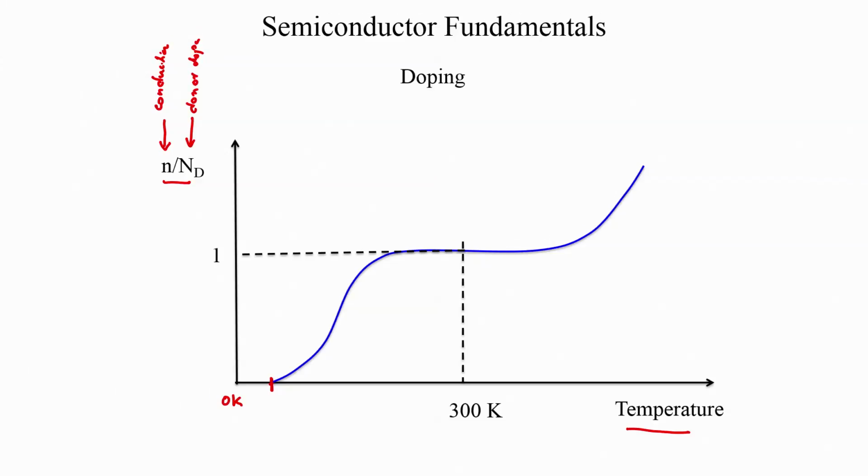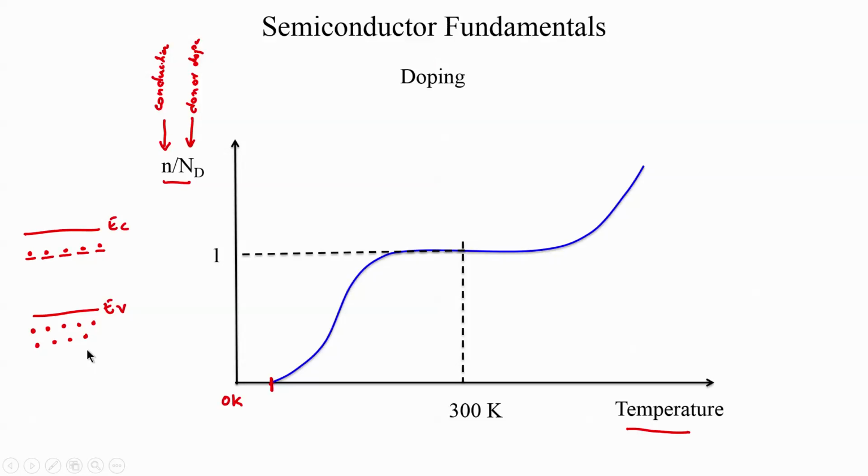At this very low temperature, you have the conduction band edge, the valence band edge, and your donor levels, and all these donor levels have the electrons bound with the donor atoms. The temperature is too low for these donor atoms to ionize.